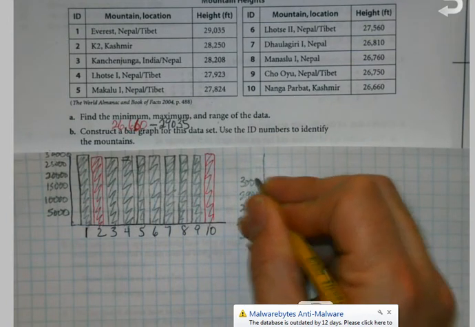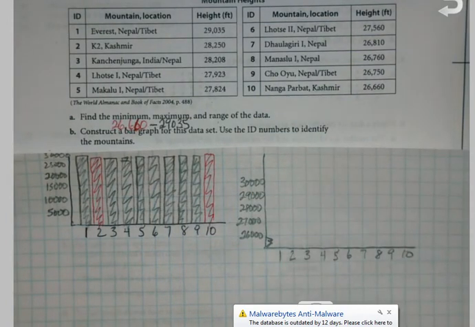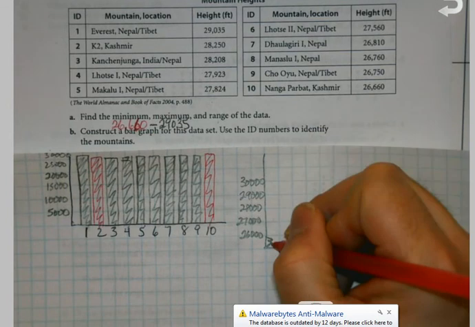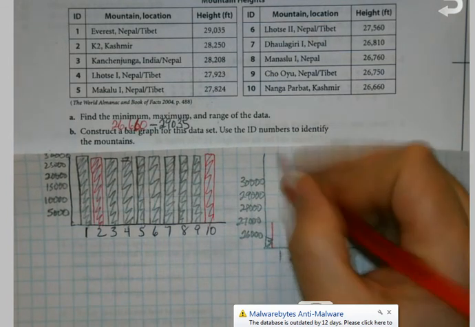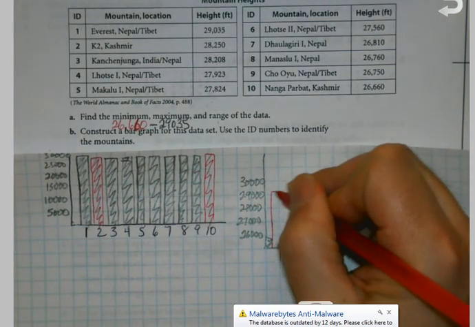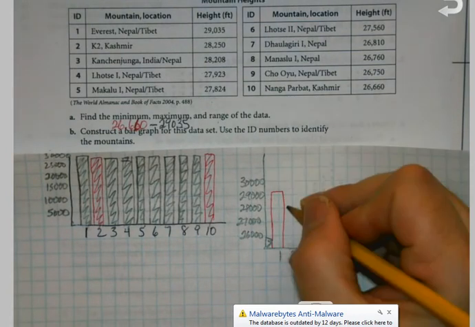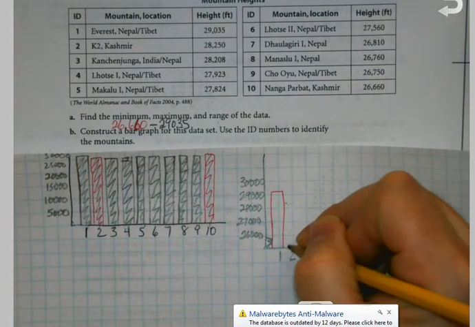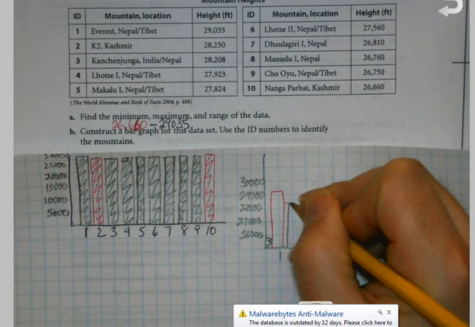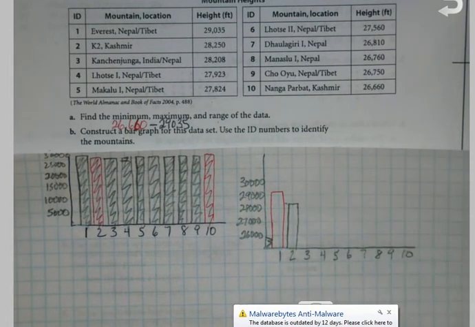By doing that, you could even go by less than that. You could go by 500. You could go by 100. You're like, well, what difference is that going to make? What difference it's going to make is that when I make my bars and start working across, I'm going to see more of a gap.